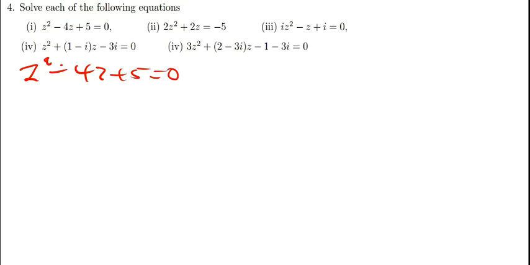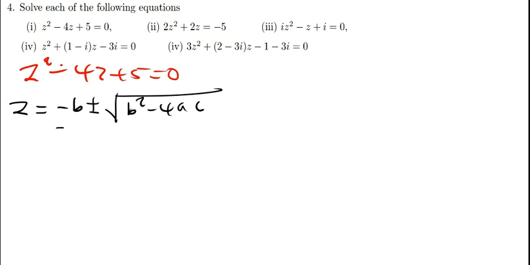When you put them in a square root, sometimes you end up having a negative, which we know that sometimes we call undefined, but in this case, since it's a complex number, it's not going to be undefined. So we use the same formula. We'll say z will be equal to negative b plus or minus the square root of b squared minus 4ac, all divided by 2a, like that.